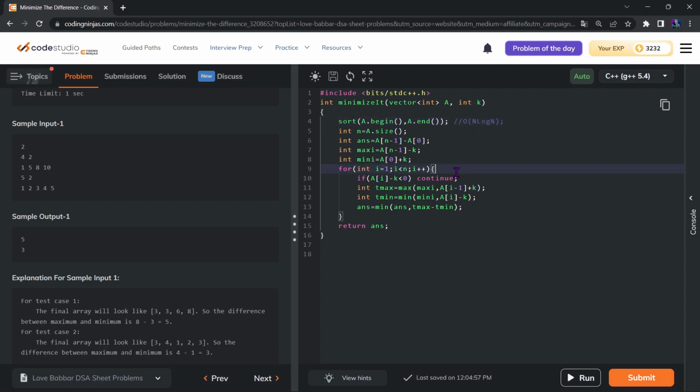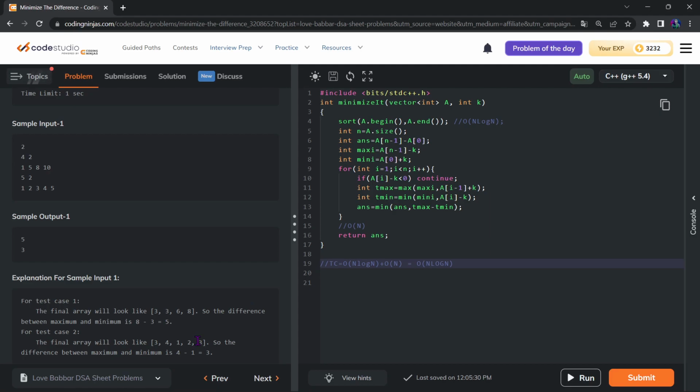Now this loop is running for O of n, so its time complexity will be O of n. So overall time complexity will be O of n log n plus O of n, which is equivalent to O of n log n.